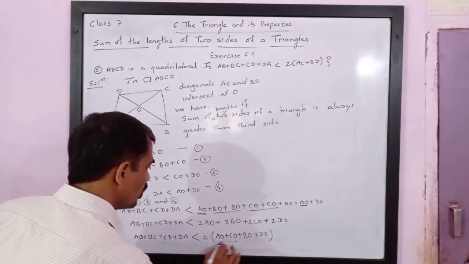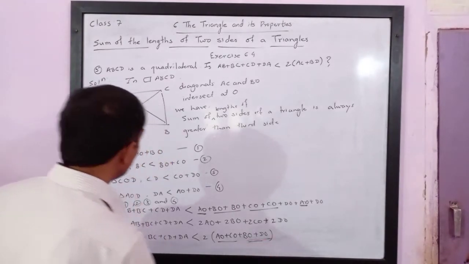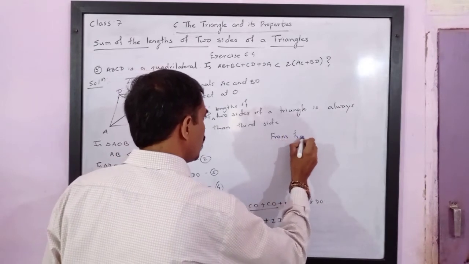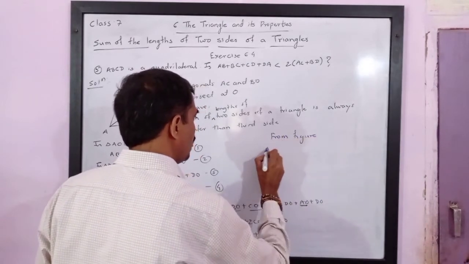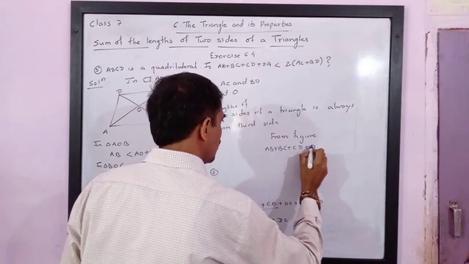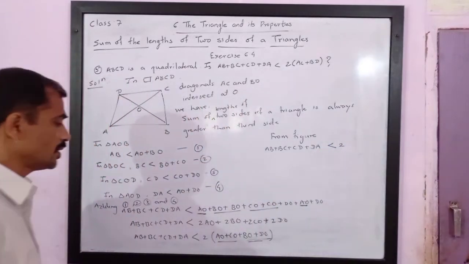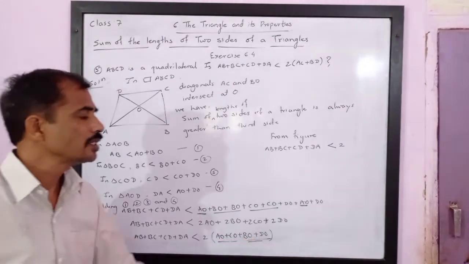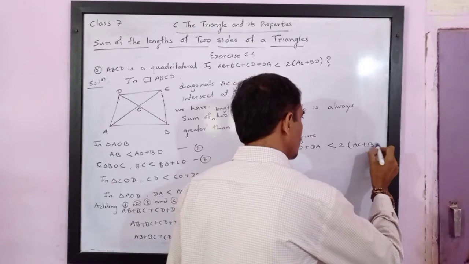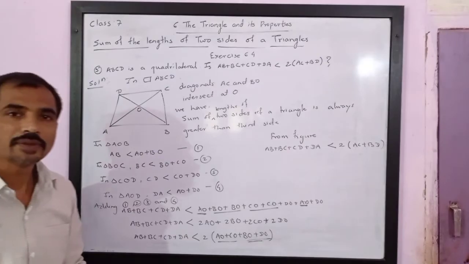So from the figure I can say that AB plus BC plus CD plus DA is less than 2 times AC plus BD. Thus we have proved whatever was asked.